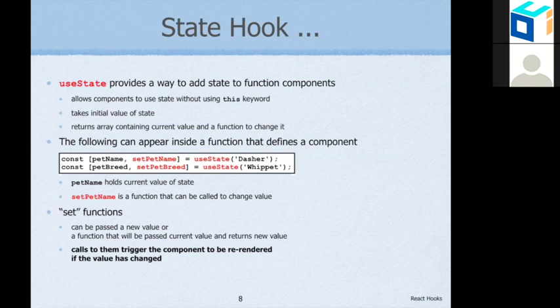I need the current value to compute what the new one is. Another important thing about these set functions is that if you call them and it results in changing the value of a piece of state, then that component is going to automatically re-render. It's a very key piece of useState, is to make sure that your component stays in sync with its current state.